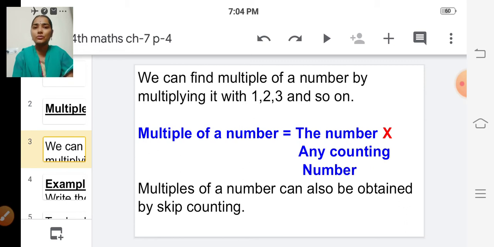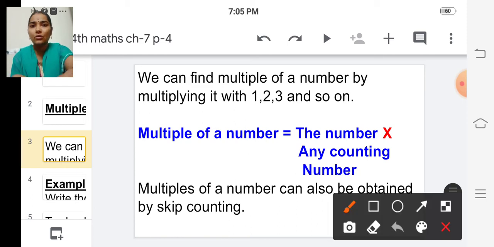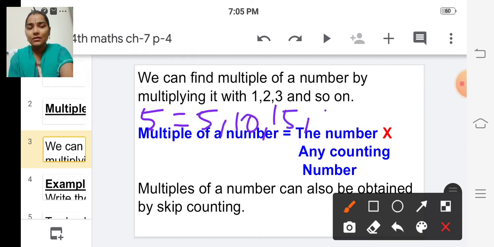If we are going to find the multiples of 5, then we can skip count by 5. That is 5, 10, 15, 20, 25 and so on.